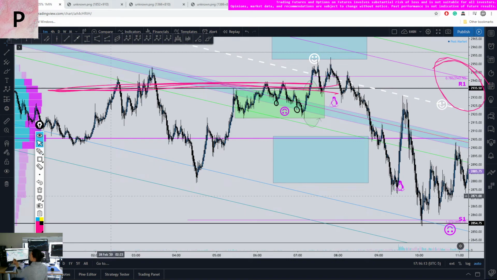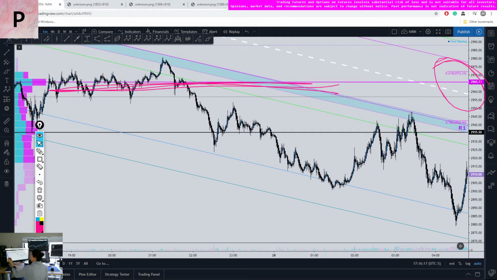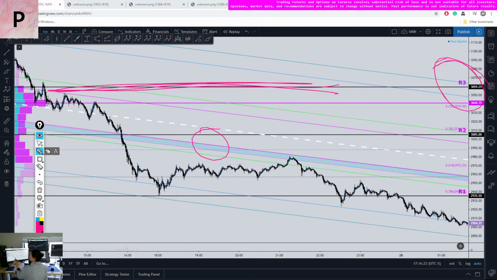And again, if I go back a bit, notice that R1 used to be a support there. And now over time, it's become a resistance, because that's how markets work.